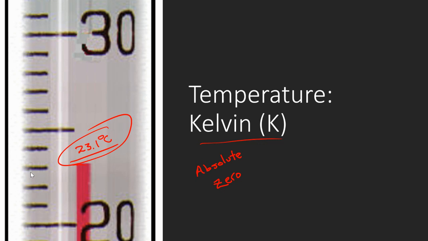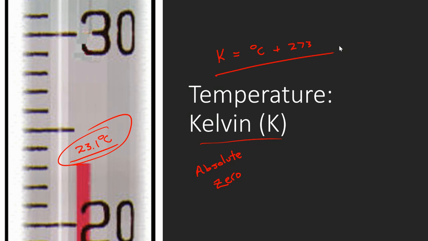One conversion factor that you will want to know is that Kelvin is equal to Celsius plus 273. It's really 273.15, but this is good enough. That's maybe our first equation for the year.